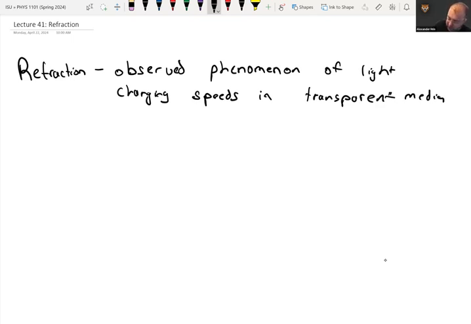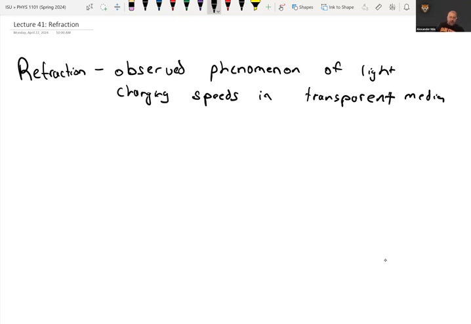Now, here's the thing. We are talking about transparent media. So we're talking about things that light can move through, but the light interacts with the material as it goes through it, and that's ultimately what slows it down. Okay. So that's what we're talking about when it comes to refraction.